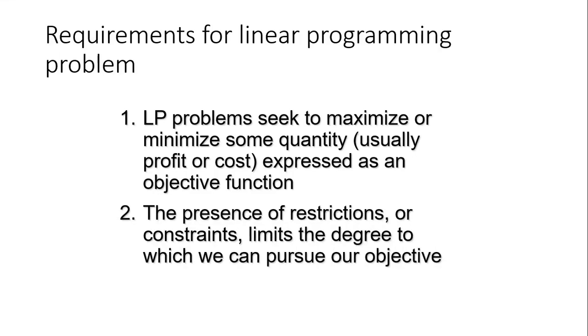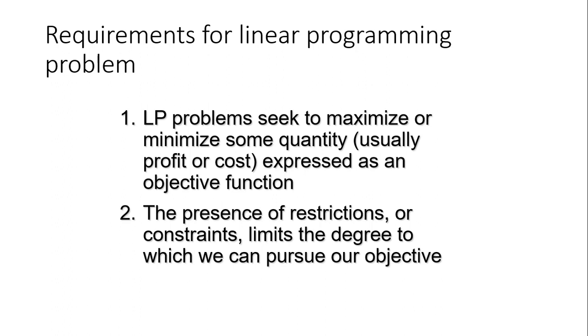Here, you must determine the requirements in order to solve a linear programming problem. Number one, linear programming problems seek to minimize or maximize some quantity expressed as an objective function. The objective function is expressed in two ways: maximize profits or minimize costs.